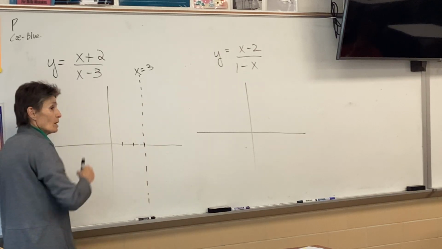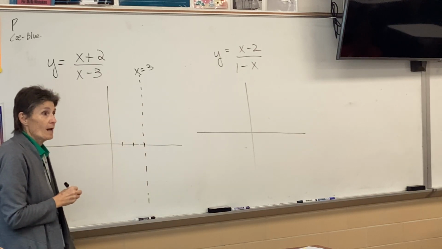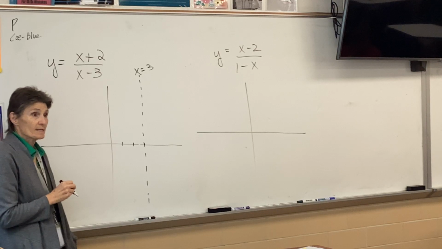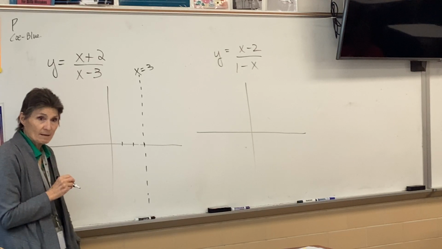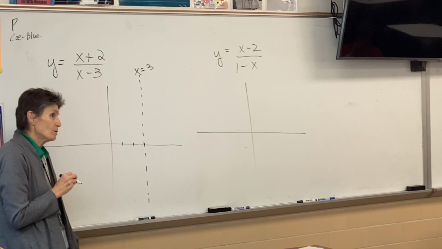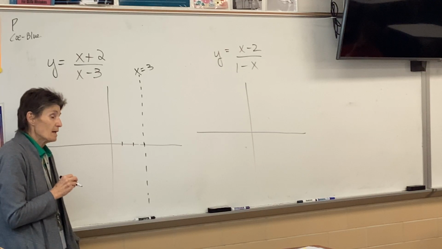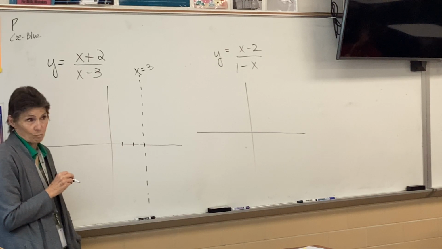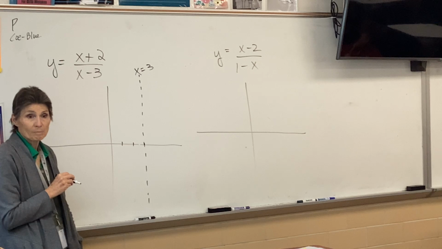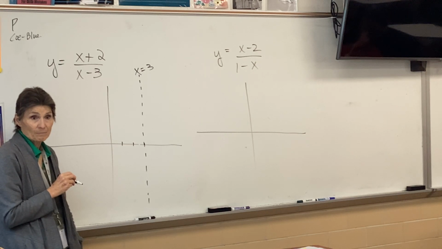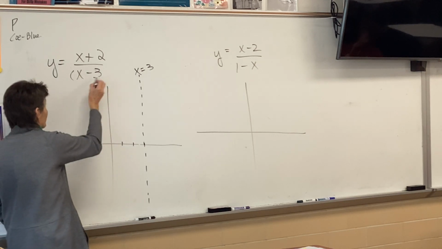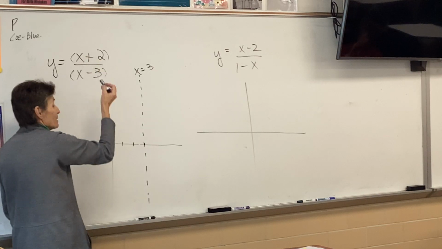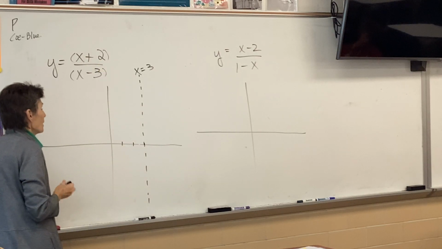It comes from the denominator. And since it's x minus 3, my asymptote is at 3. If it had been x plus 3, my asymptote would be at negative 3. Think of that as like a parentheses there. They're not going to be there, but you can think of them.